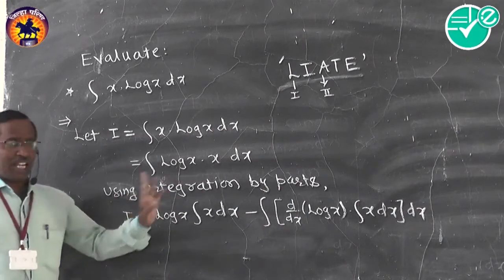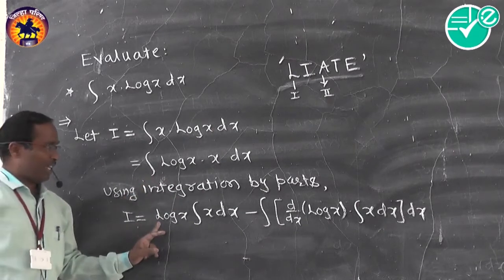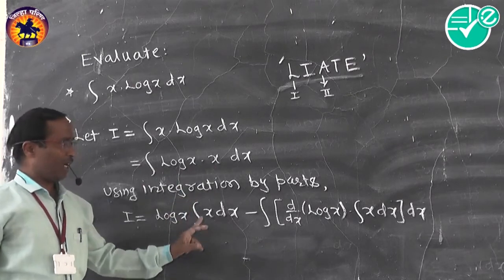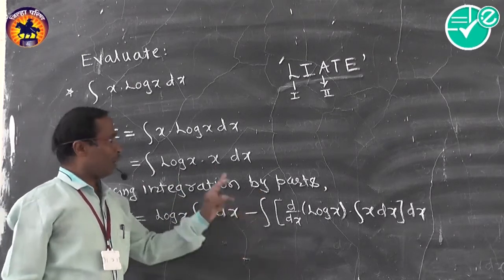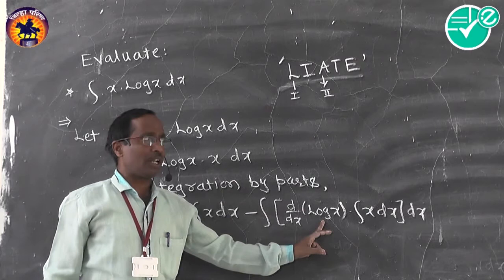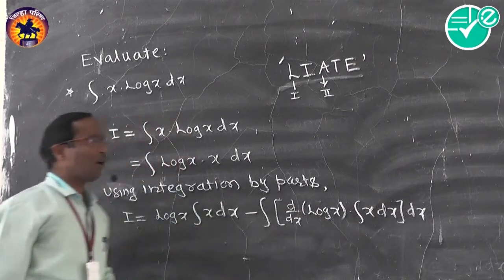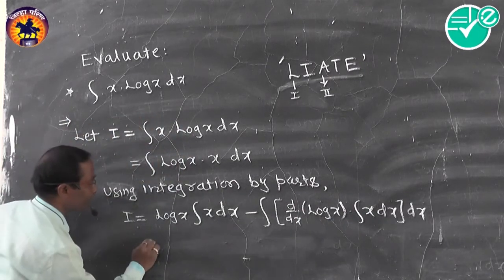By using integration by parts: first function as it is, integration of second, minus integral of derivative of first function, log x into integral of x dx.